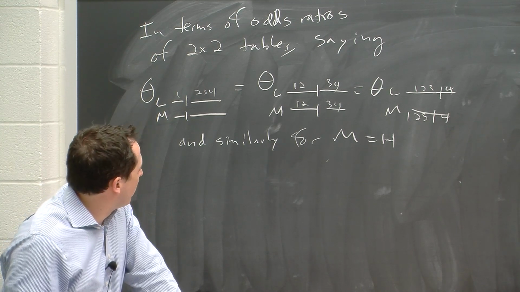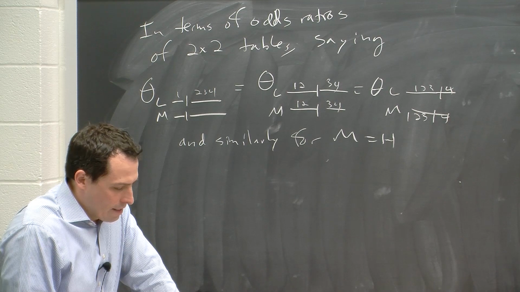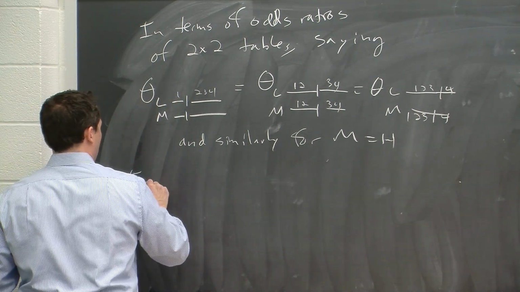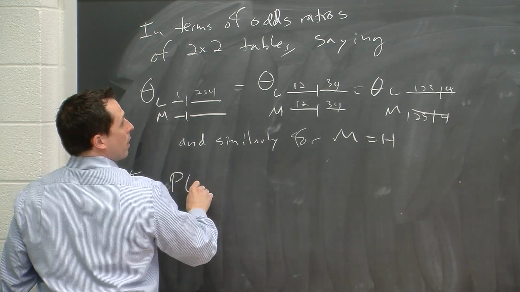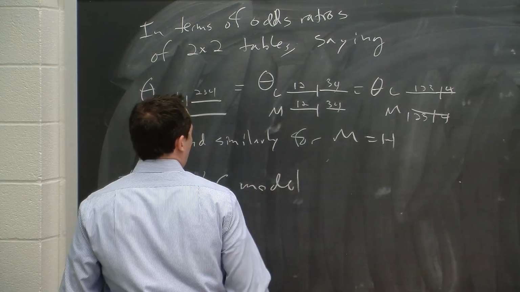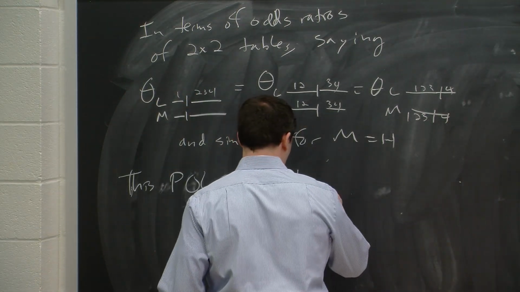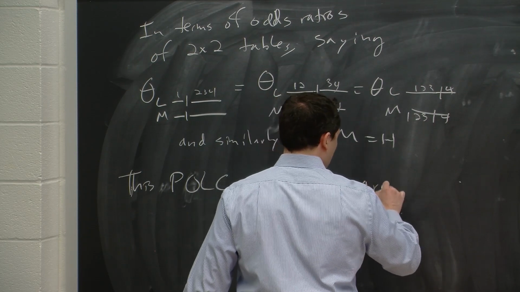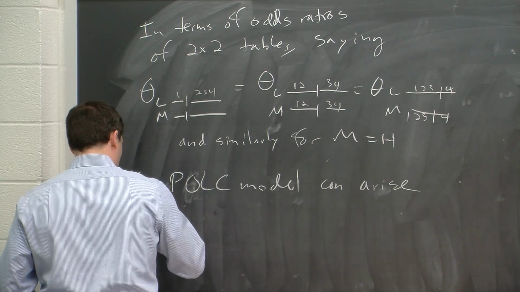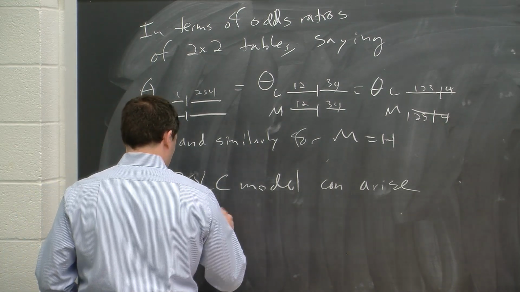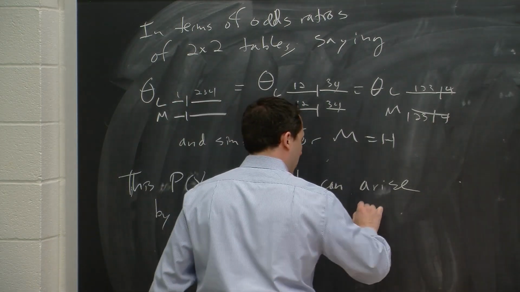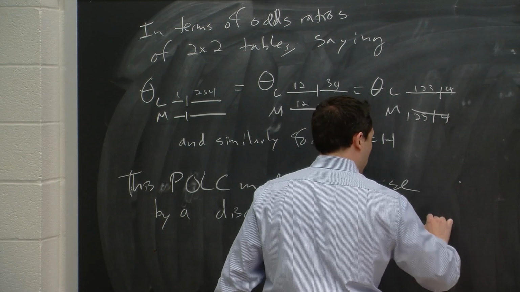And one of the ways that this model arises is this PO LC model can arise in the sense that the assumption can be justified by a discretized continuous response.